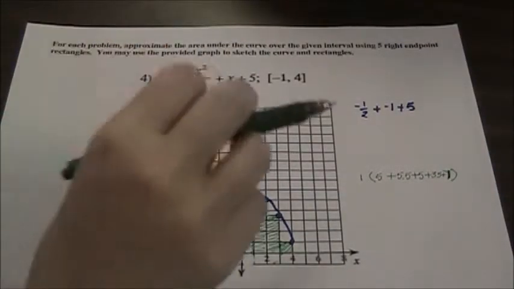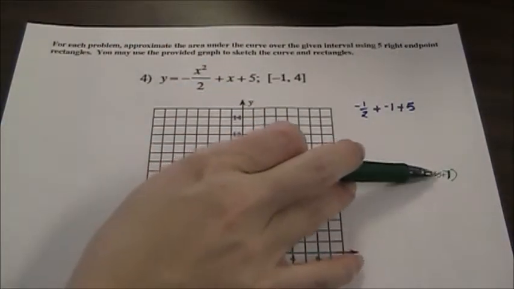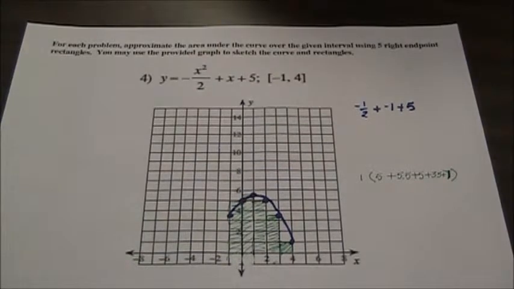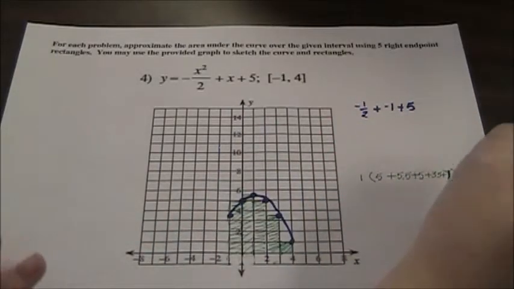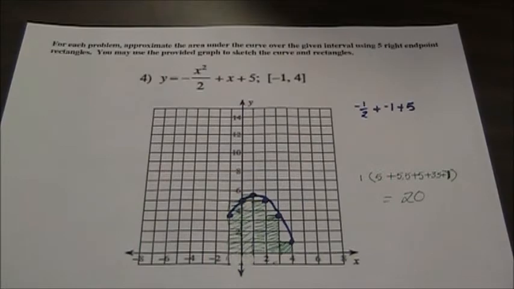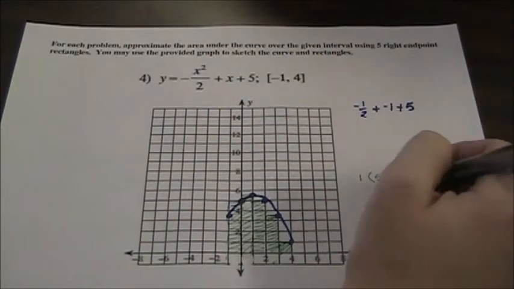Okay, so that's 5 plus 5.5 plus 5 plus 3.5 plus 1, all times 1. So doing that in my calculator gives me 20. So the approximation of the area under the curve using right endpoint rectangles is 20.